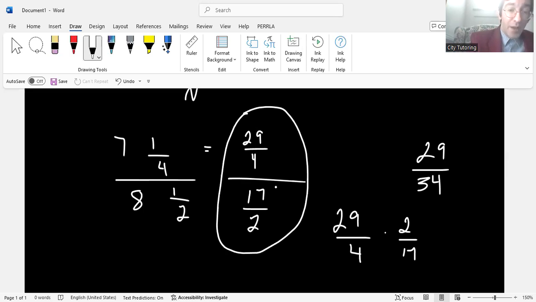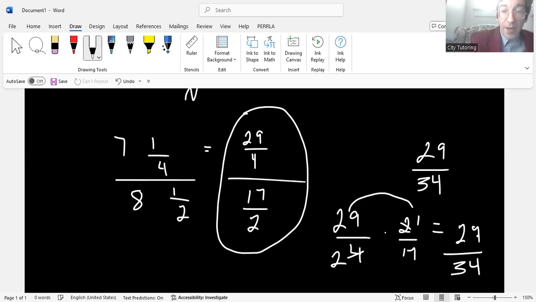So we have 29 over 4 times 2 over 17. I can reduce this, the 2 goes into the 4 twice. So now I have 29 times 1, which is 29, and 17 times 2 is 34. We can no longer reduce this, so we're done. If you got that correct, that means we're on the right track.